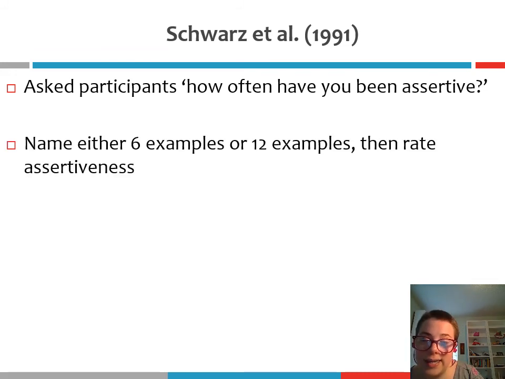So in one condition, they were asked to generate 6 examples, and in another condition, they were asked to generate 12. And then after generating their specific examples of instances where they've been assertive, they were asked to rate their own degree of assertiveness on a 5-point scale.